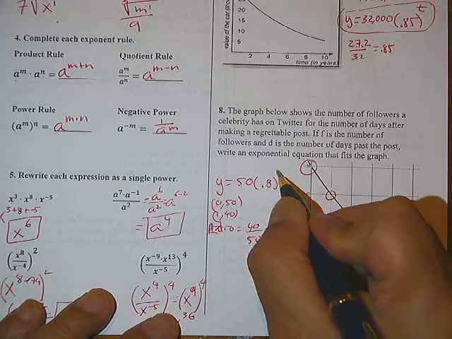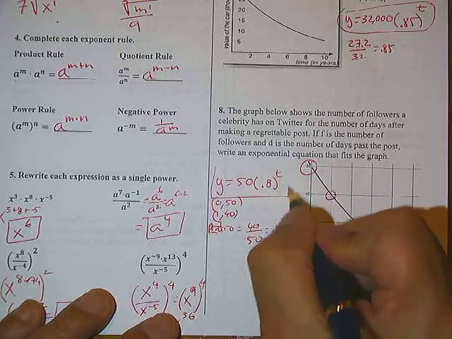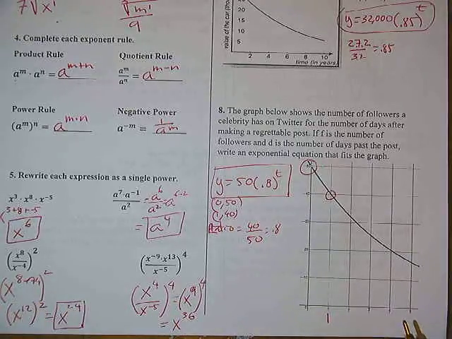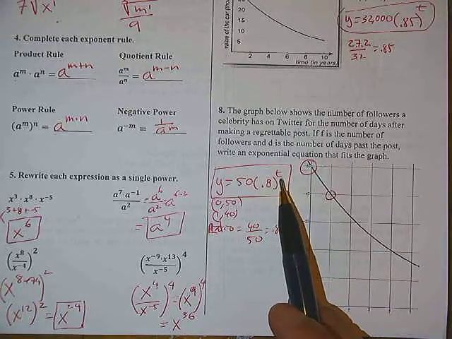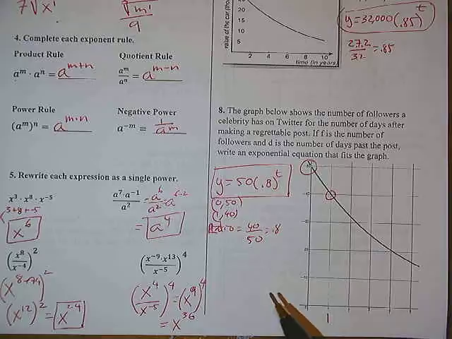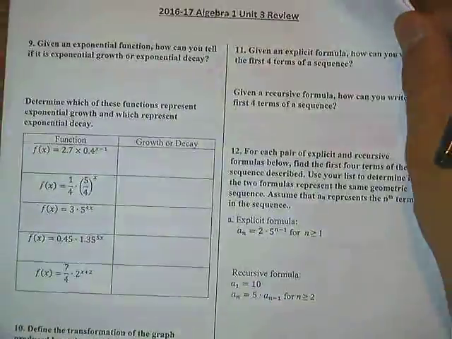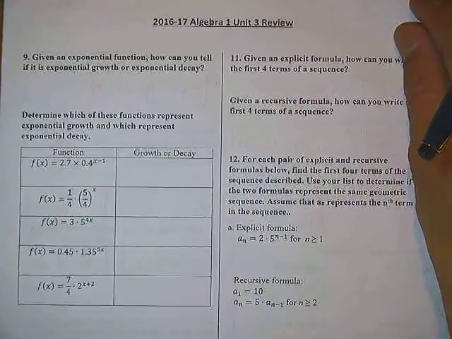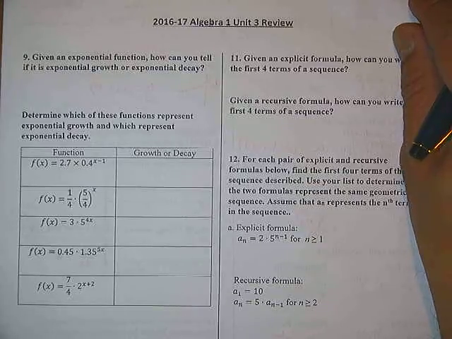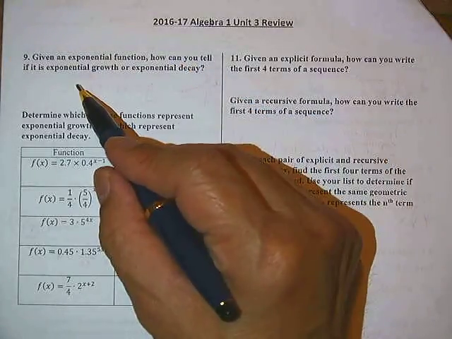So he's keeping 80% of his followers. So he's losing 20% per day. All right. So if that's the case, then it's going to be 0.8. And then t is for days. So if you want to find out on the 5th day, you just replace that with 5 and then you work it out. Anyway, there's your function.